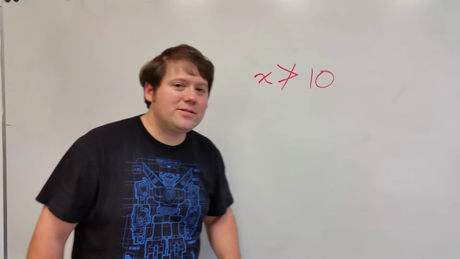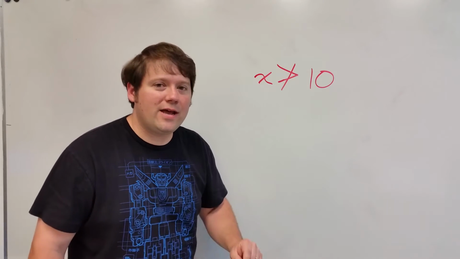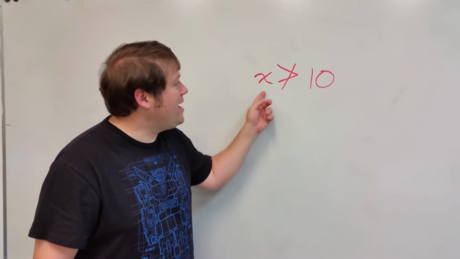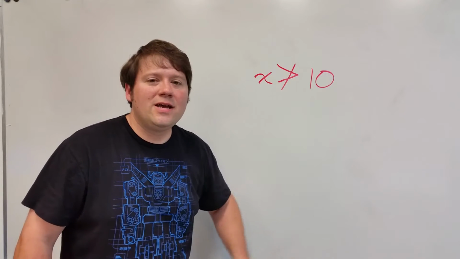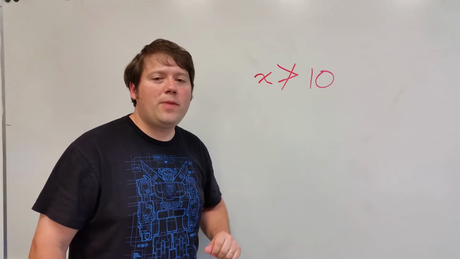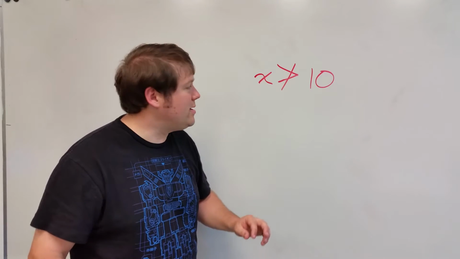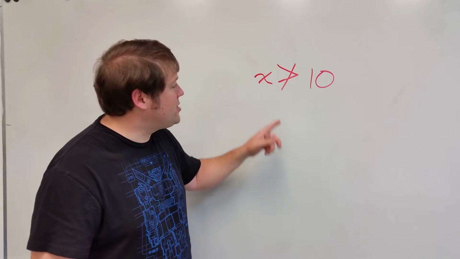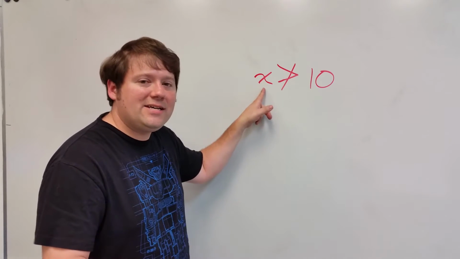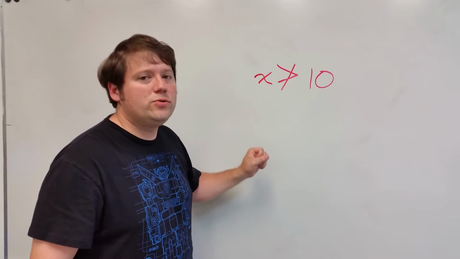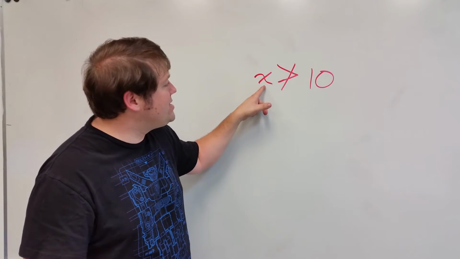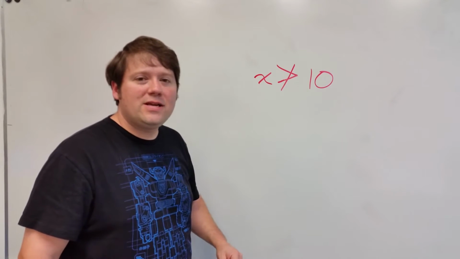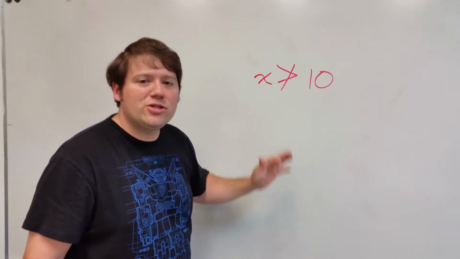And based on the axiom that we just learned about, if x is not greater than 10, then there are only 2 other possibilities that it could be. The only other 2 possibilities are that x could be less than or equal to 10. And so when we see x is not greater than 10, we need to go ahead and change that.